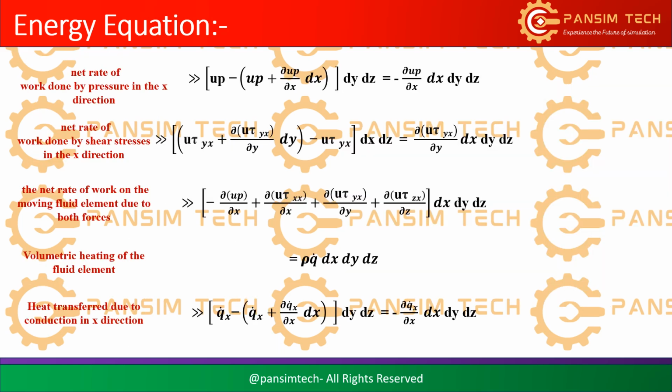Next, what is the net rate of work done by pressure force in x direction? As we saw, pressure into velocity is work done, correct? Newton per meter square into meter per second. What is the unit? Joule per second. So please take care of the units also.